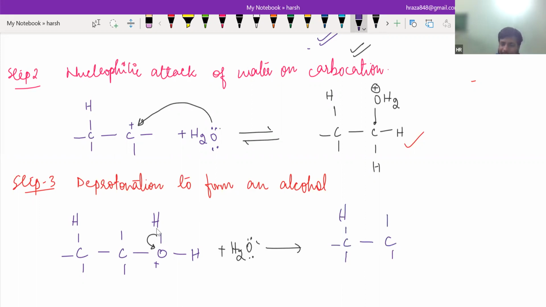So when it gains electron from hydrogen, there is already positive charge, and there will be negative charge because it gains electron from hydrogen. So it will be OH, and this hydrogen H plus will attack on water, and again it will form H3O positive. Now we got alcohol here.